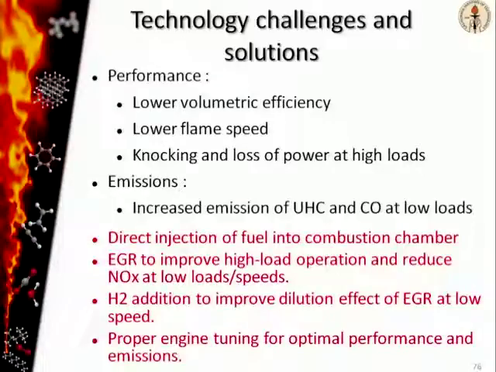You try to achieve direct injection of fuel into the combustion chamber, and the lower flame speed you try to fix by hydrogen addition into the fuel. There's also an increased amount of emission of unburned hydrocarbon and carbon monoxide in diesel engines converted to run on natural gas, especially at low loads. And again, you use exhaust gas recirculation to reduce these emissions.